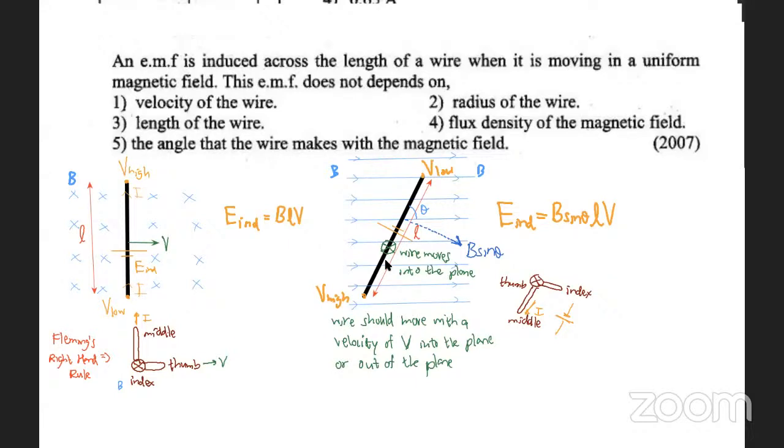Now the induced electromotive force actually depends on four things, not just three things, because the previous equation we use when the wire is perpendicular to the magnetic field.